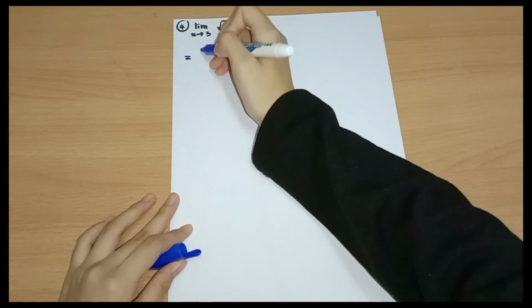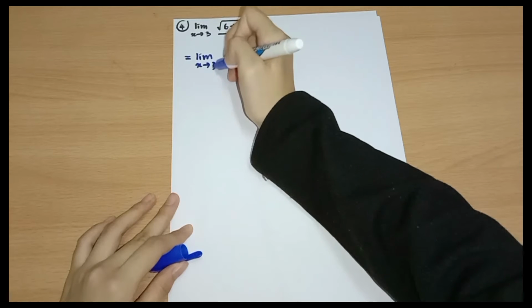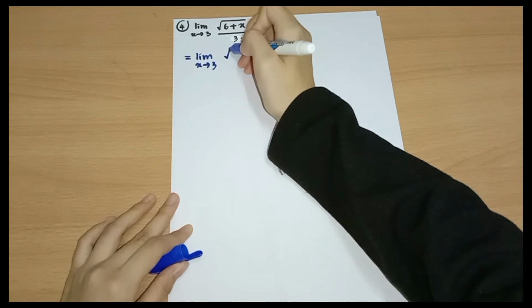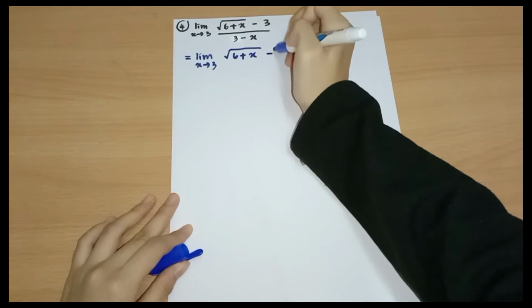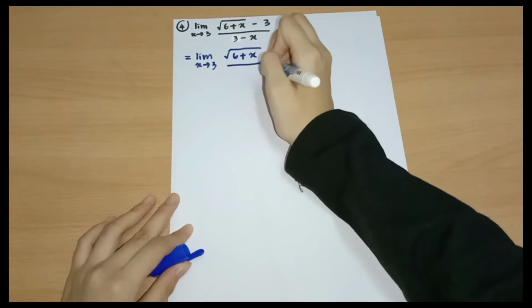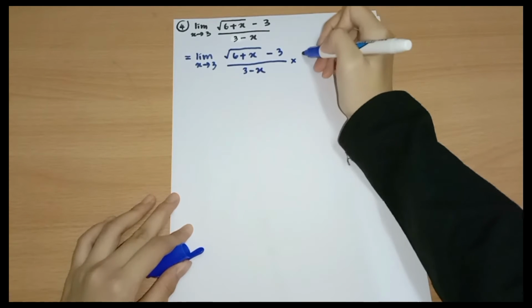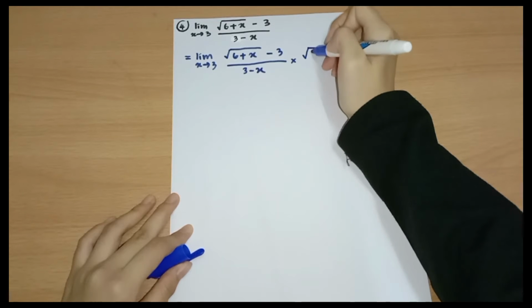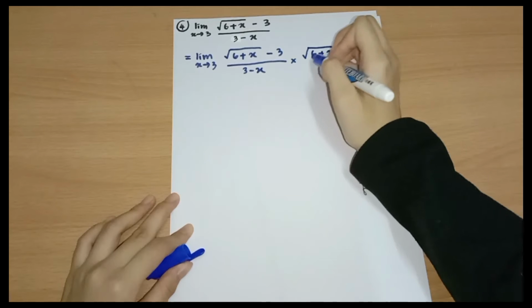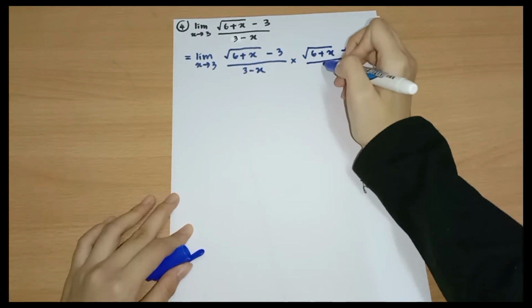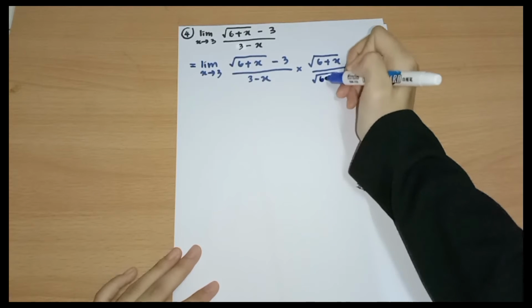Same as the previous question, we use rationalizing its numerator or denominator, but this question we will rationalize its numerator. So we will multiply with its conjugate, which is square root of 6 plus x plus 3. Multiply its conjugate with numerator and denominator.